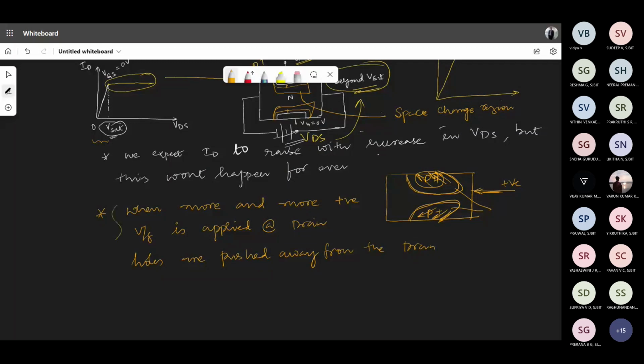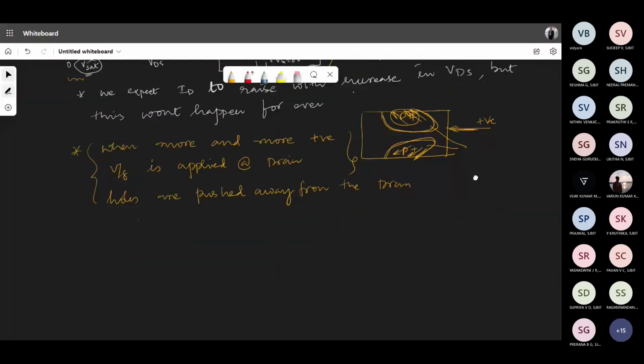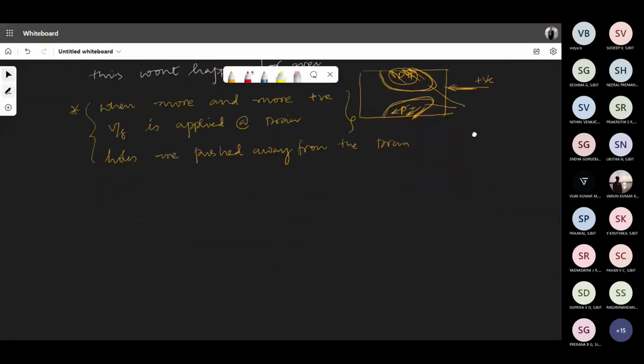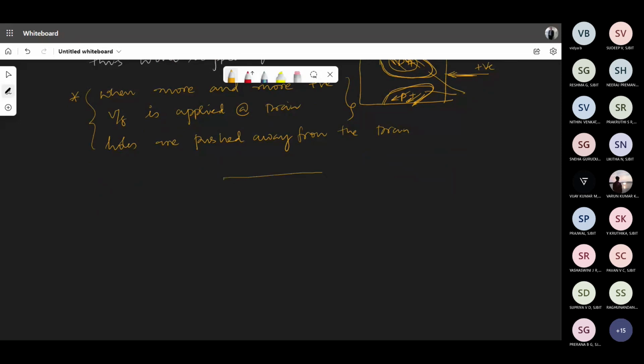So because of this reason, what you can observe is a forbidden region or depletion region getting created. That is why you observe an entire space charge region getting created after a certain VDS value, which you call V saturation.